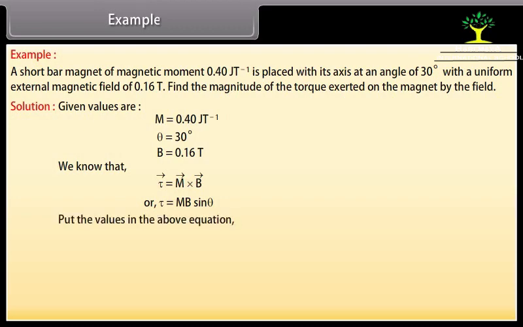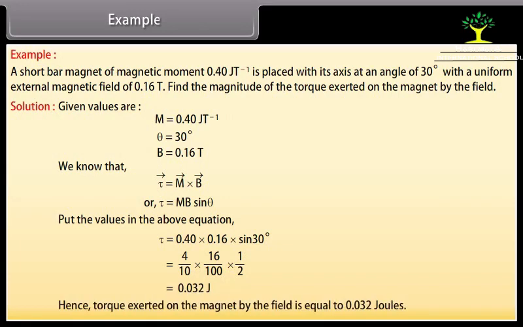Put the values in the above equation. Tau is equal to 0.40 into 0.16 into sine 30 degree. On calculating the equation, we get the value of tau, which is equal to 0.032 joules. Hence, torque exerted on the magnet by the field is equal to 0.032 joules.